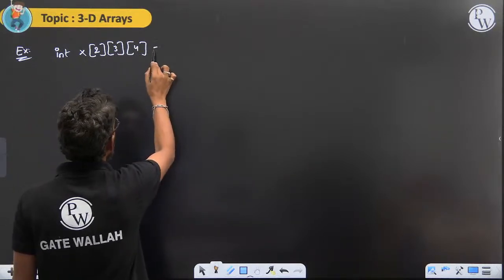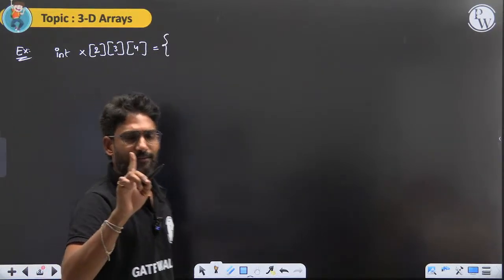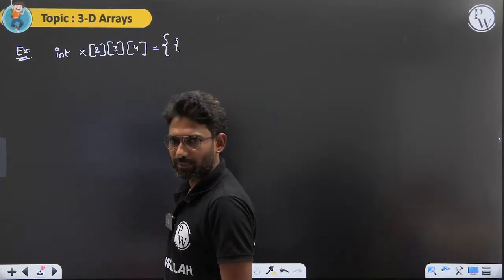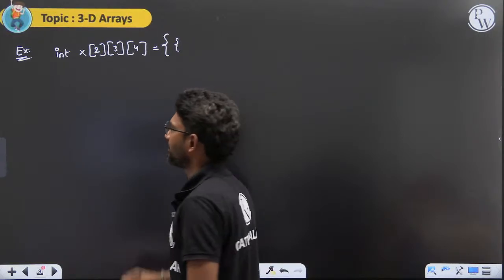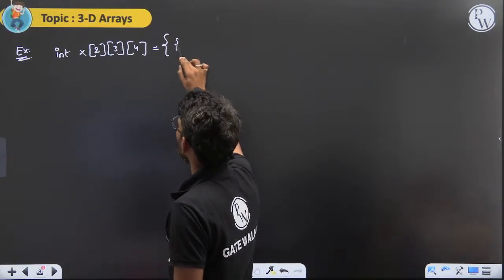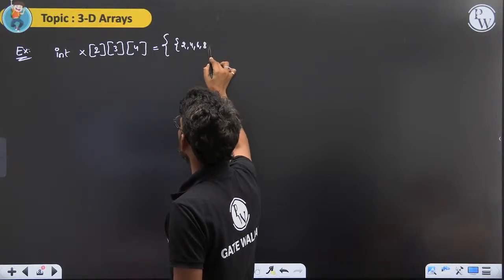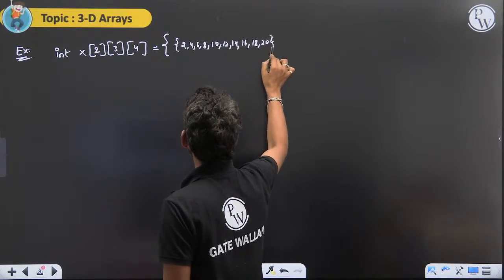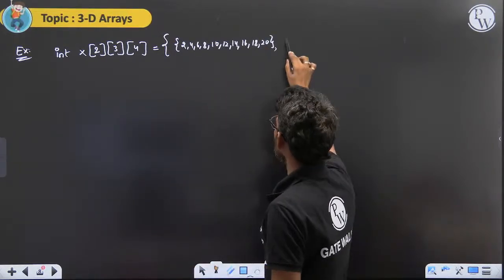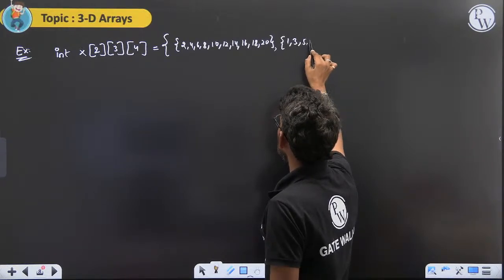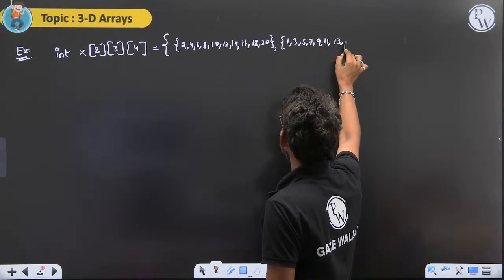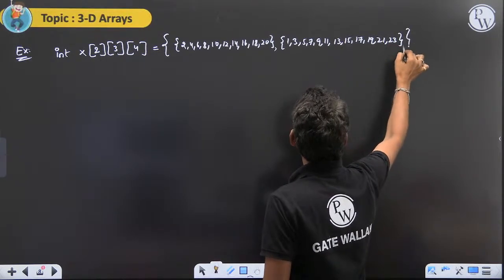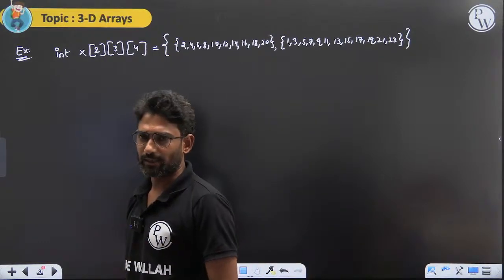First 2D array values you can give in a nested curly brace: 2, 4, 6, 8, 10, 12, 14, 16, 18, 20, 22, 24. And then second 2D array values: 1, 3, 5, 7, 9, 11, 13, 15, 17, 19, 21, 23. Like this you can give.